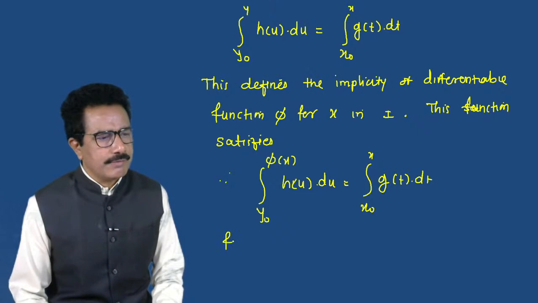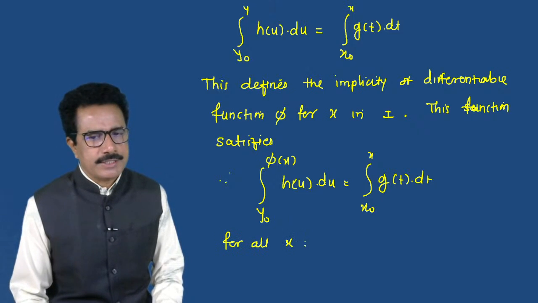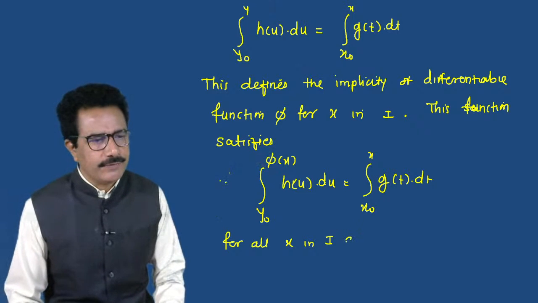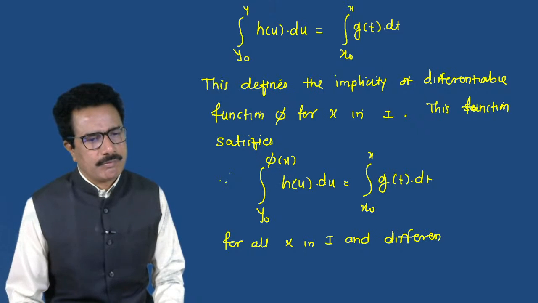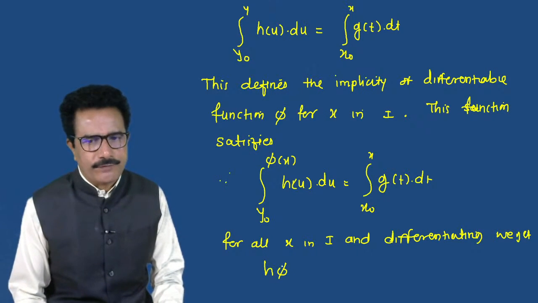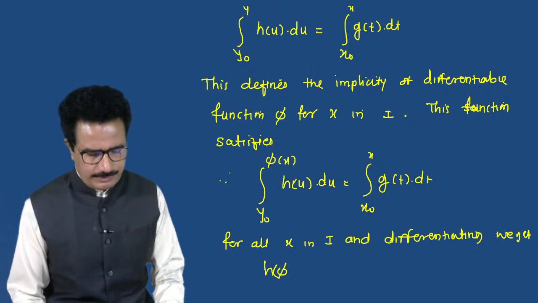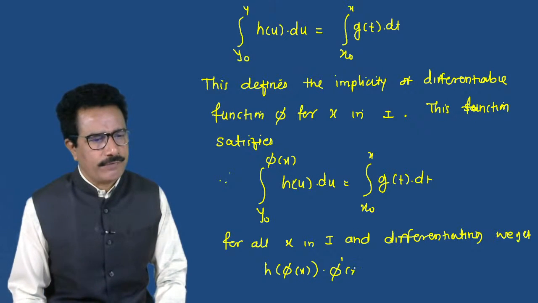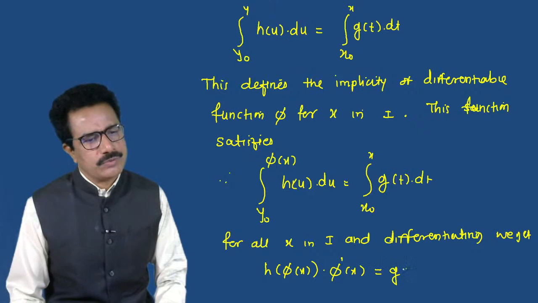So for all x in I, differentiating, we get h of phi of x into phi dash of x, which is equal to g of x.